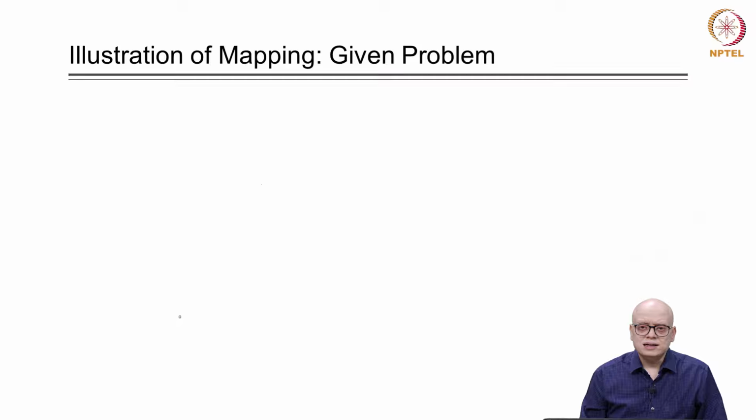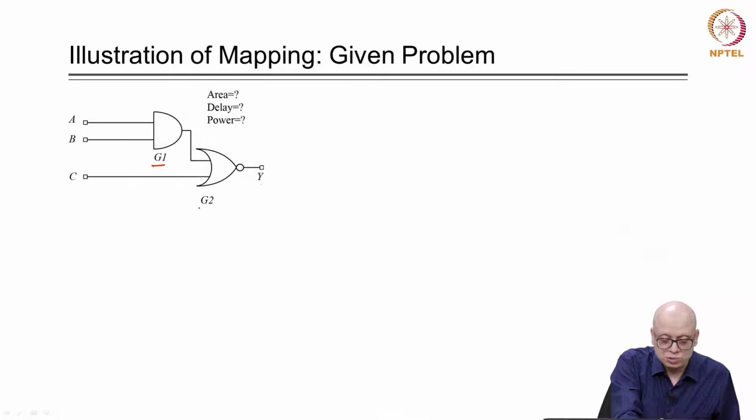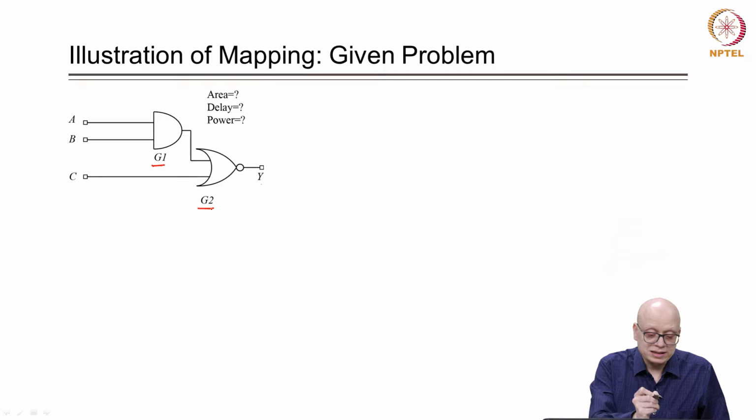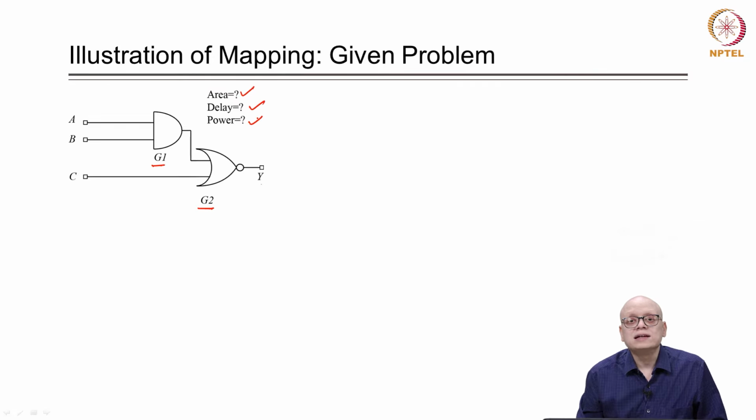Now, let us take an example to understand what is done in mapping. Let us consider this netlist, which is in terms of generic logic gates, meaning that G1 and G2 are generic logic gates. Since G1 and G2 are generic logic gates, the area, delay and power for this netlist cannot be computed.